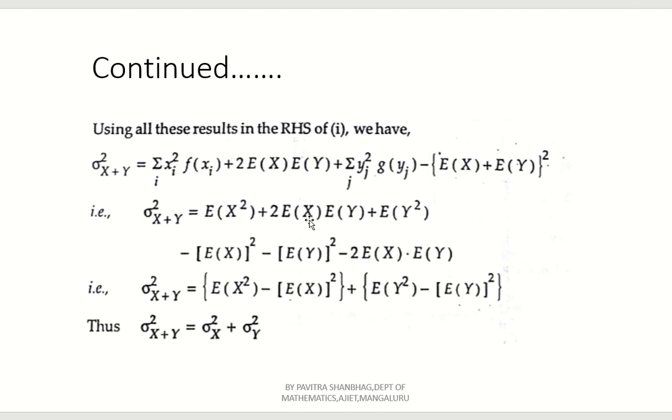Now plus 2 Ex Ey minus 2 Ex Ey cancel. What remains here? E of x square minus E of x whole square plus E of y square minus E of y whole square. But what is this by definition? Sigma x square, or variance of x, plus variance of y. So sigma x plus y whole square equals sigma x square plus sigma y square.